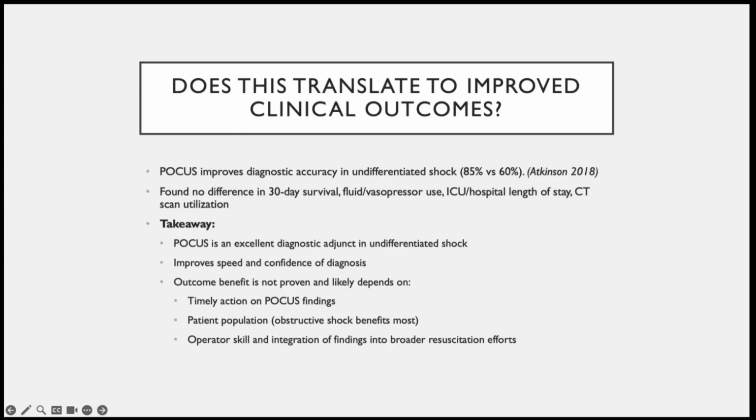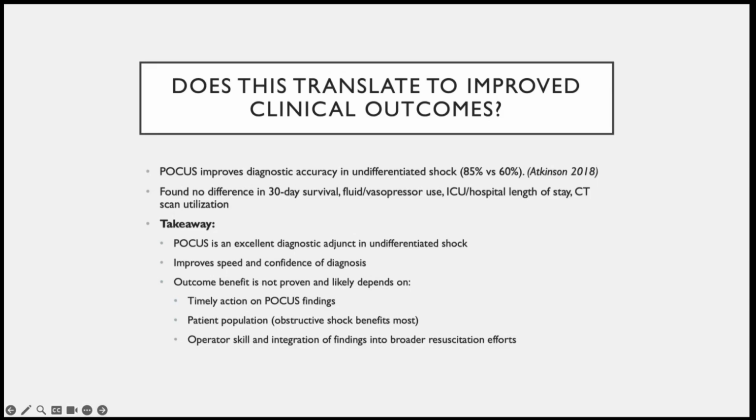However, does this actually translate into improved clinical outcomes? A study by Atkinson in 2018 did show that POCUS, the use of ultrasound, improved diagnostic accuracy in undifferentiated shock, making the final diagnosis correctly in 85% in the ultrasound group, and identifying it correctly in only 60% of patients where they did not use ultrasound.